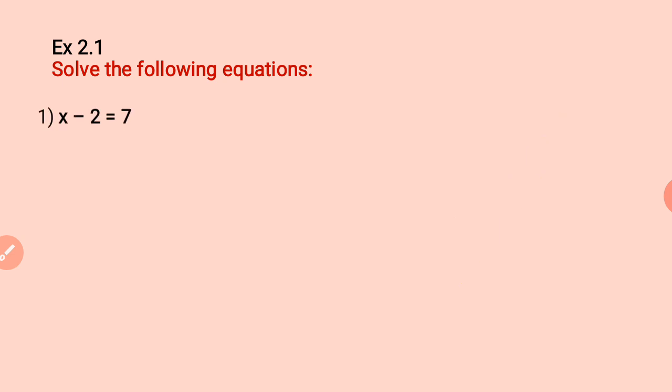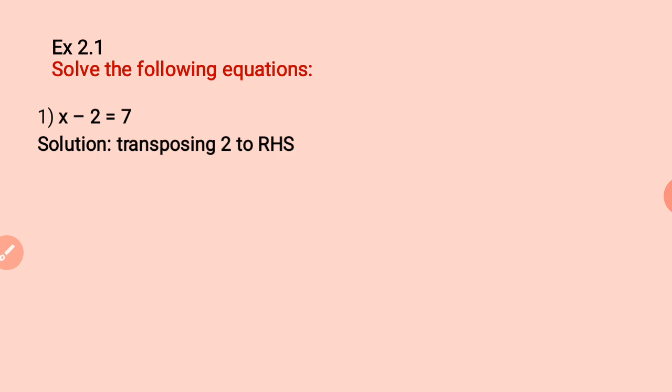Solve the following equation. You have to just solve and get the value of the variable. x minus 2 equal to 7 is your first question. The method of solving is to take the numbers or constants or the coefficients on the other side and find out the value of the variable. Here your variable is x, so whatever is along with x is to be taken on the other side.